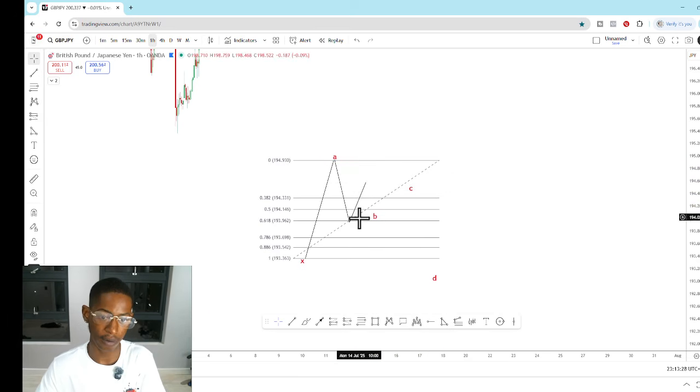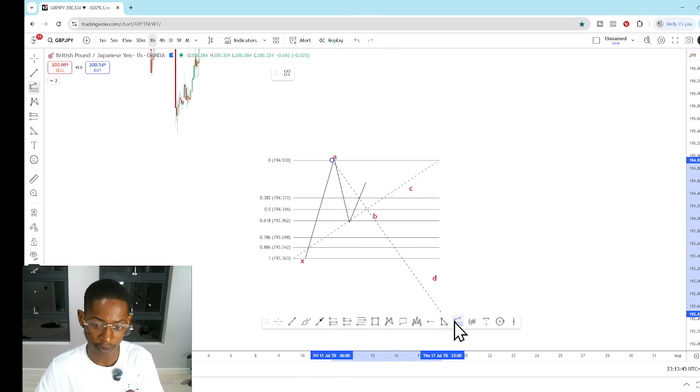And now for this one here, in terms of entry, it's not going to be like the other one where we put our entries here at the 88.6. No, with this one, I have to take this from here at the A leg, the Fibonacci expansion, this is the expansion tool.